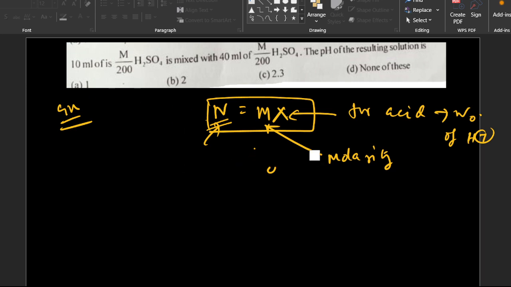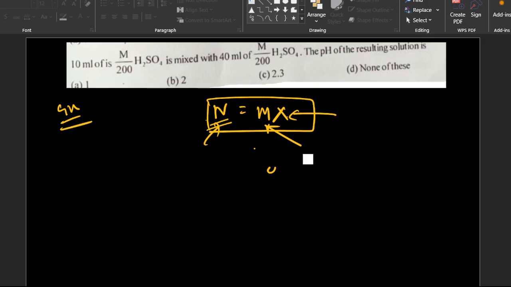So what is given here: V1 is given, that is 10 ml. M1 is given, that is 1 by 200.